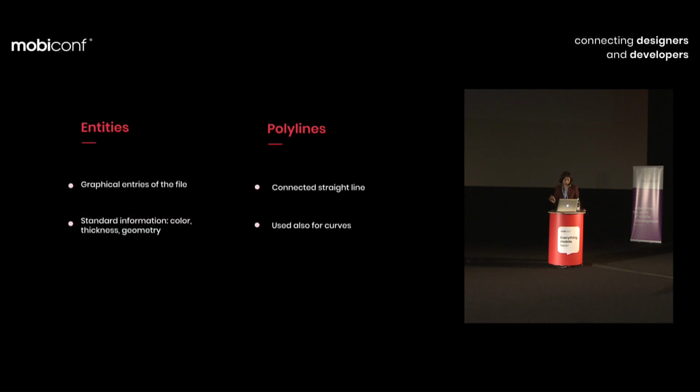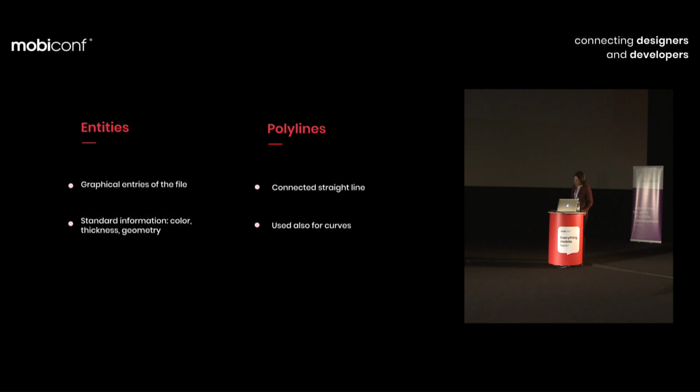We are particularly interested in entities, which represent the graphics of our objects. Each entity contains standard information such as color, layer, line style, and geometries, as well as a number of attributes specific to its entity type.